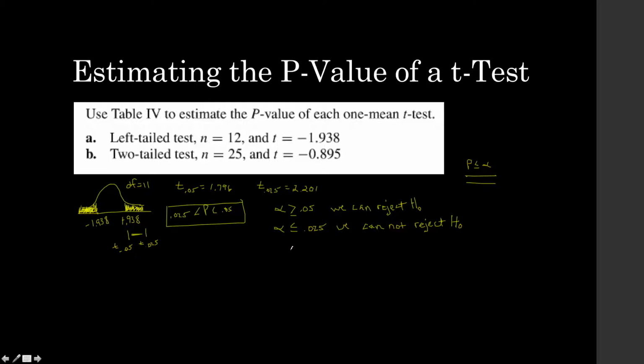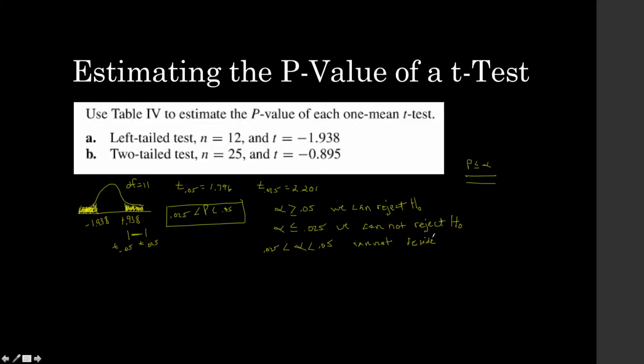So if the significance level is between here somewhere, of course it's not the p-value, but if it's between here, we say cannot decide. We cannot decide based on the table. It's just not enough information. It doesn't sufficiently provide us with the information we need to solve it.